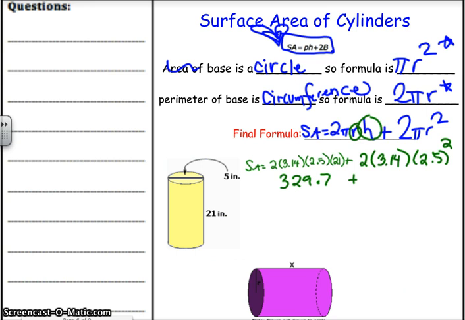Okay? And then 2 times 3.14 times 2.5 squared is 39.25. And then I add it. 368.95 square inches.